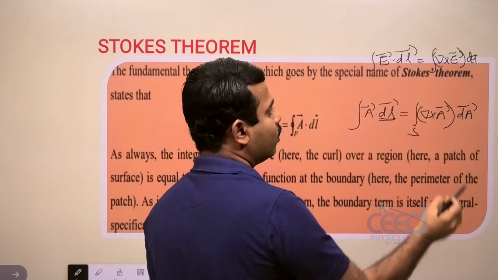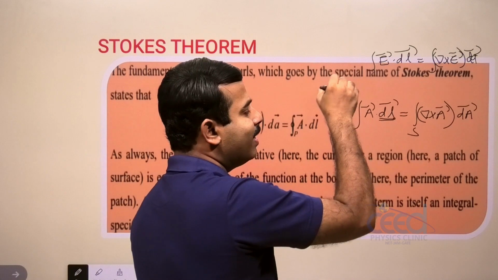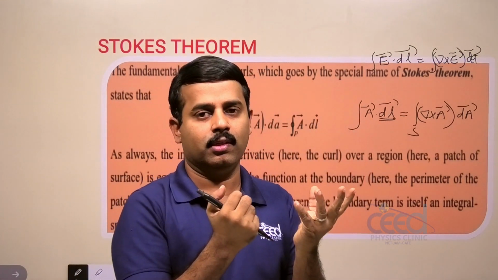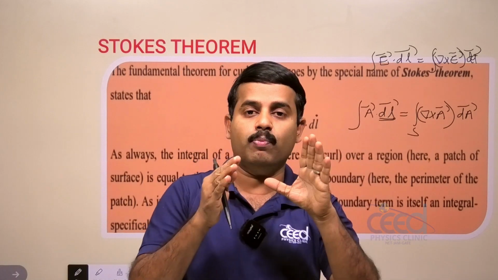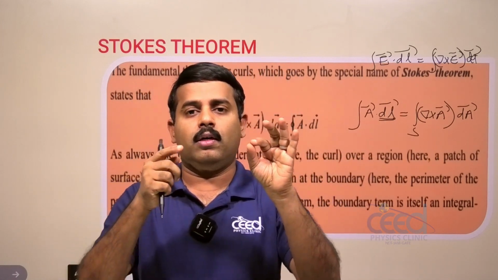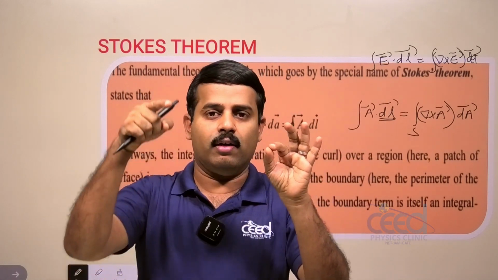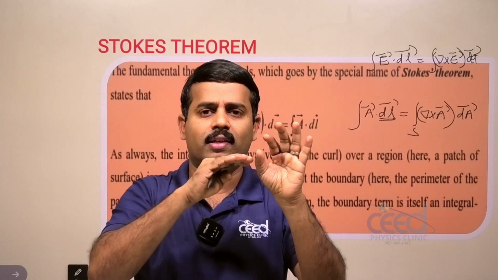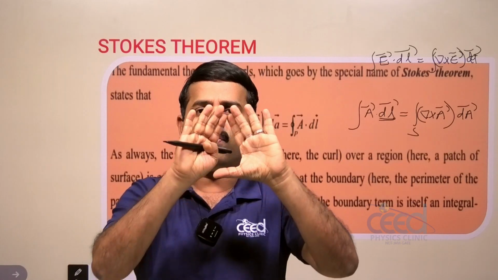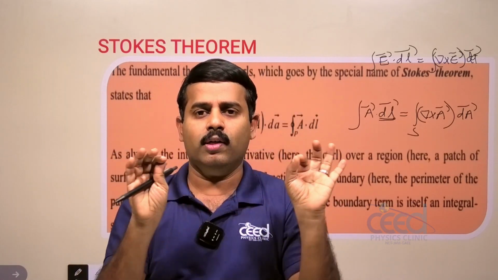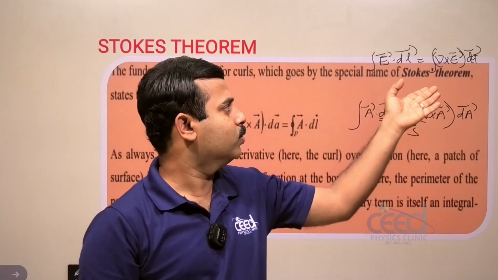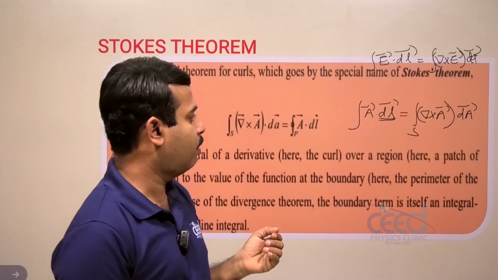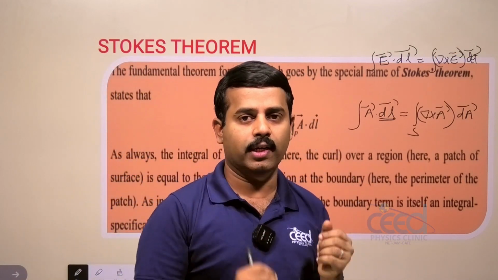We use this because we can calculate it very easily. If you have a rectangle, instead of integrating all the sides and adding, you just need the surface element of this rectangle, and using that you can simply calculate. So let us do one example, then you will get the idea.